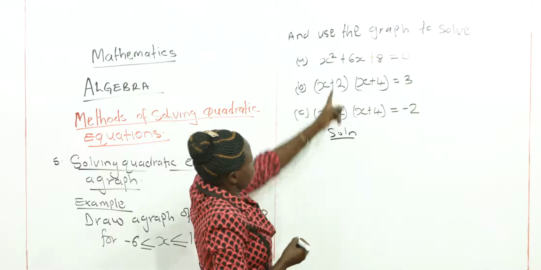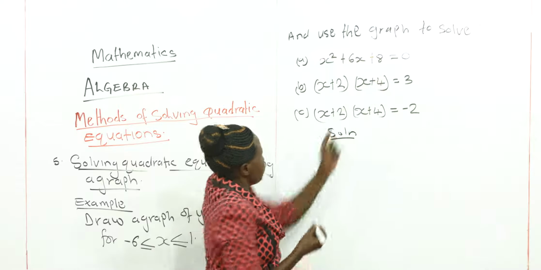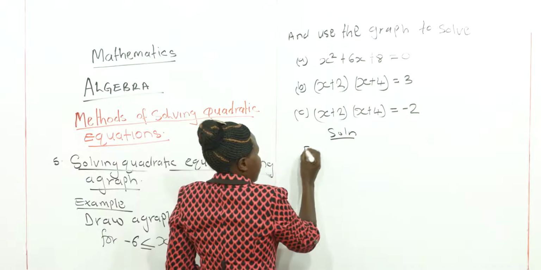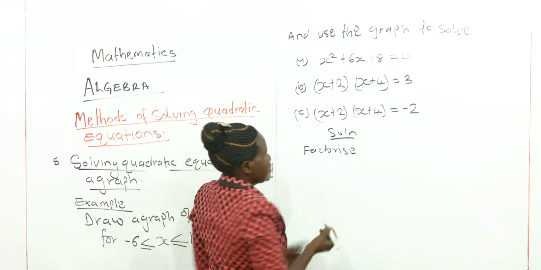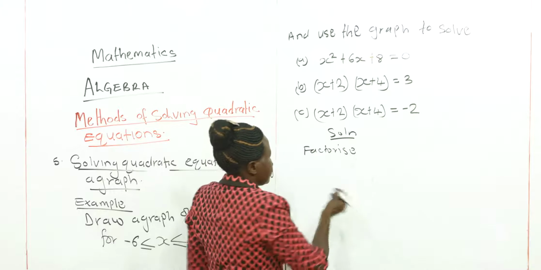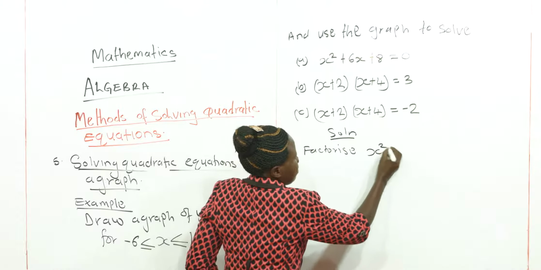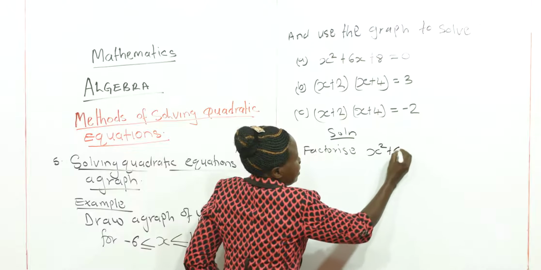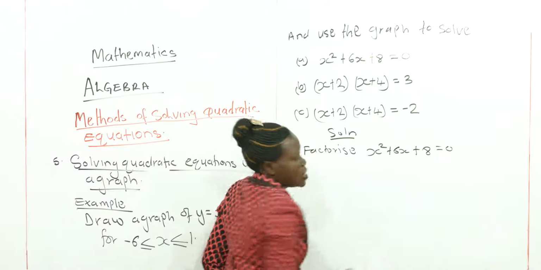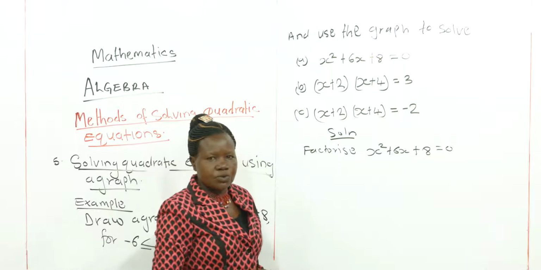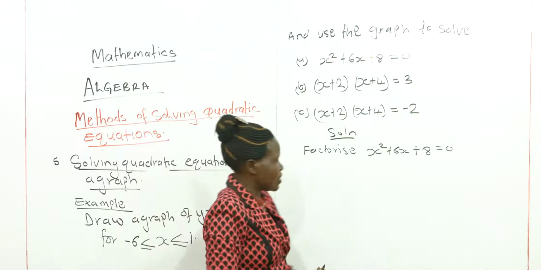Then now your solution, you will first look at your equation here. First step, you factorize the equation, because sometimes they may not give it to you factorized. So you factorize x square plus 6x plus 8 equals 0. For this case, we can easily use what we call the trial and error method.